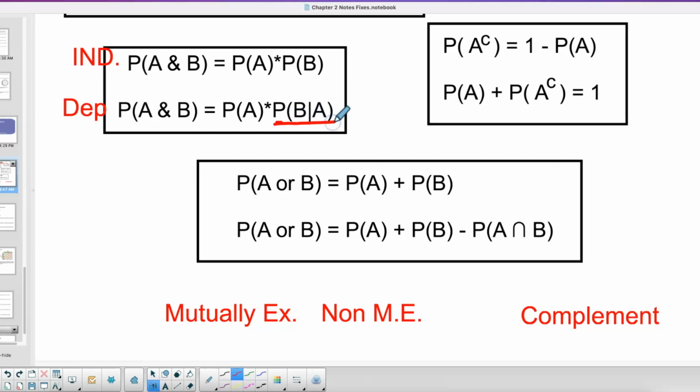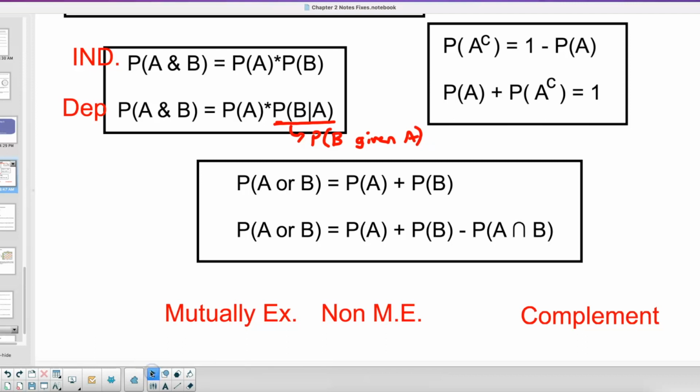This means probability of B given that A happened. So a dependent probability means that the second thing depends on what happened first.